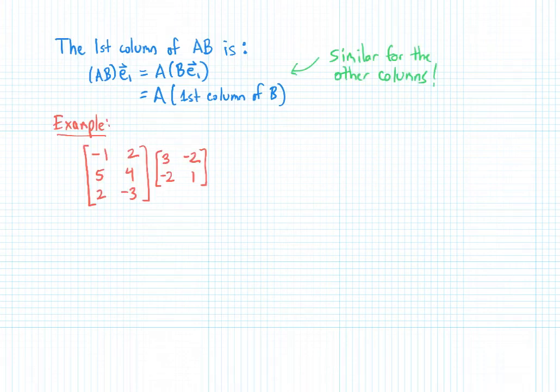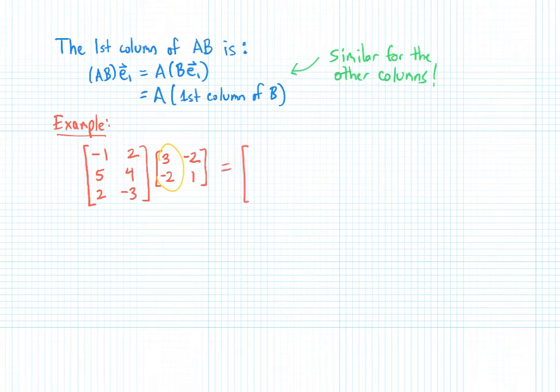All right, here's an example where you can see this put into practice. Suppose we want to multiply these two matrices together. The rule that we just found says that we can do this column by column, by taking the matrix on the left and multiplying by the different columns of the matrix on the right.